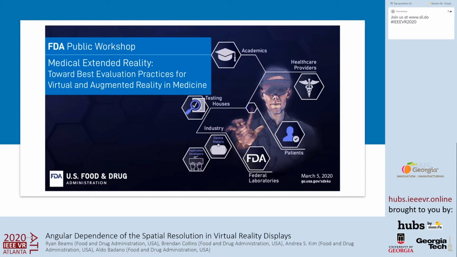So because of the wide range in medical applications, and all of these have their own challenges to them, we recently hosted a public workshop, and the goal of this public workshop was to get the stakeholders from all the different arenas, so academics, government, medical professionals, industry, both on the device development and on the application development, into one location to discuss what are the challenges in using these technologies for virtual and augmented reality.